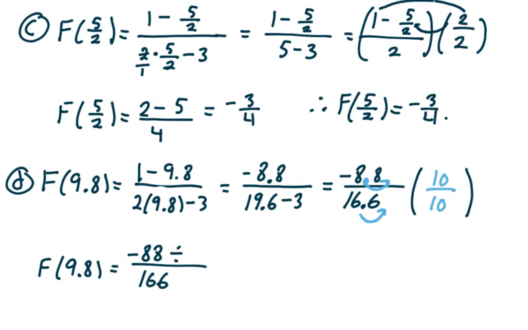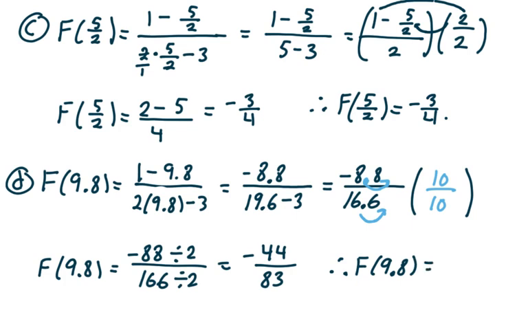And in fact, I can. And when I do that, I get negative 44 in the numerator. I get 83 in the denominator. And so, therefore, f of 9.8 is negative 44 over 83. And that's how we do example 3.